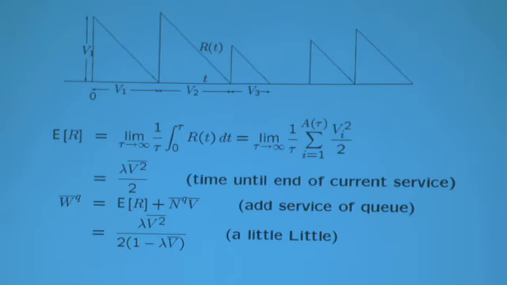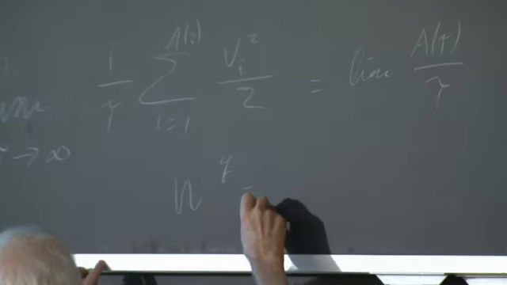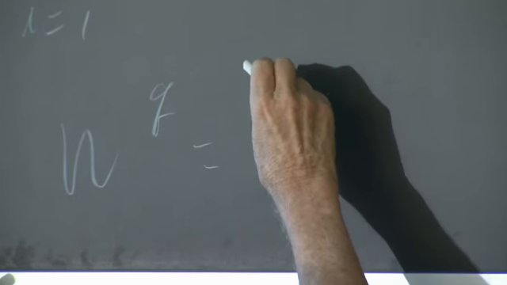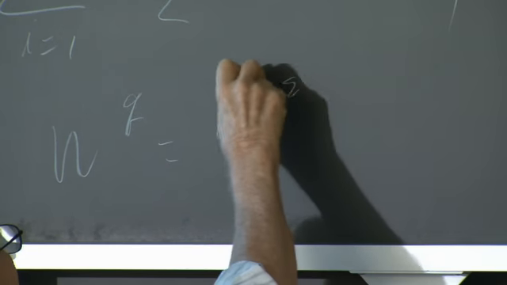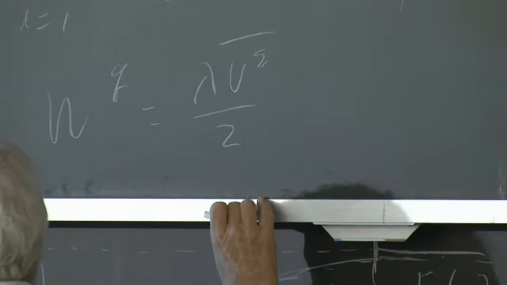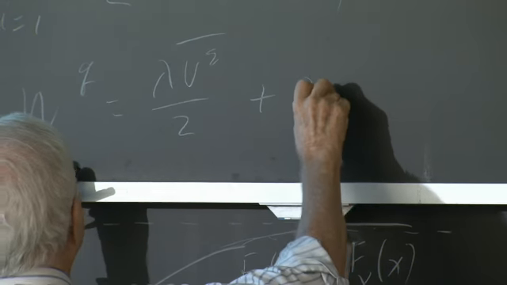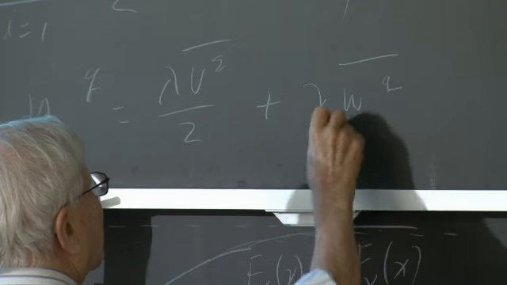You probably all see it, but W sub q is equal to lambda v squared over 2, that's the expected value of R, plus lambda v bar times W sub q bar.